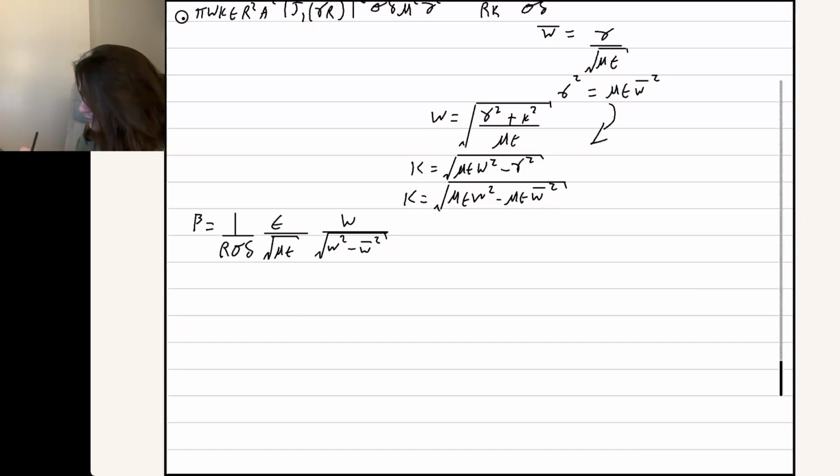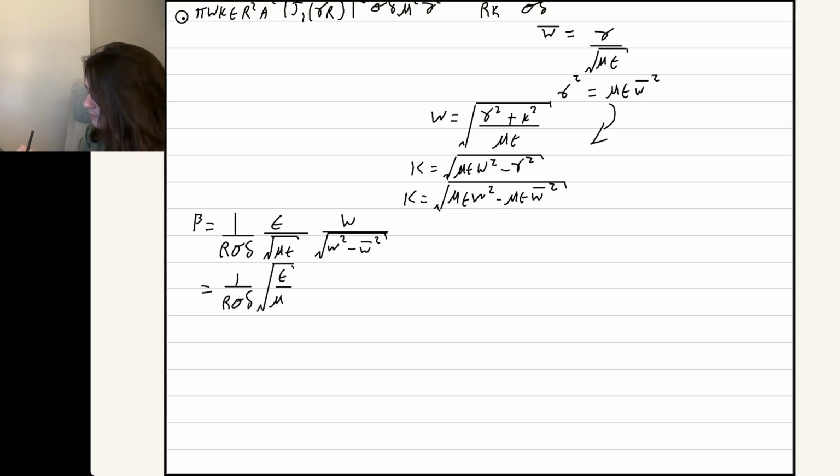So we can simplify the prefactor by a bit. So it's r sigma delta just square root of epsilon over mu now. And you want to factor out an omega from the denominator. So the omegas will cancel out and you'll have 1 over square root of 1 minus omega bar squared over omega squared in that radical down there.